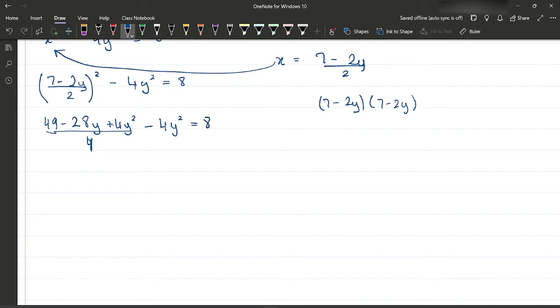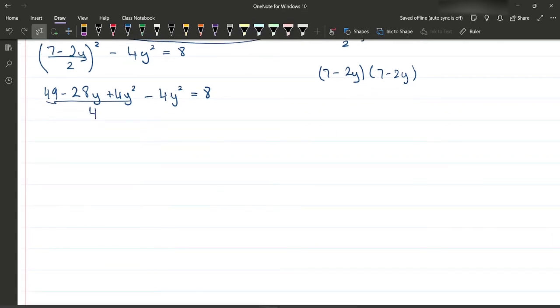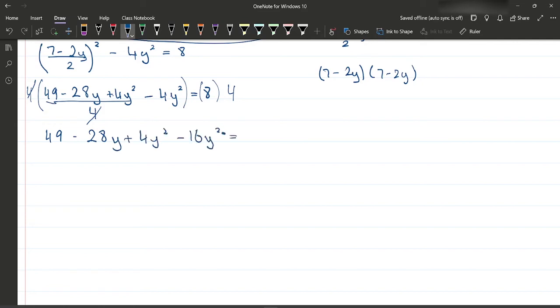The next thing I would like to do is get rid of the fractions, because the fraction doesn't ever help us here. So all I will do is multiply everything this side by 4, and multiply this side by 4. So this will cancel out, but this 4 will also multiply this 4 minus 4. So I will get 49 minus 28y plus 4y squared minus 16y squared equals 32, I hope.